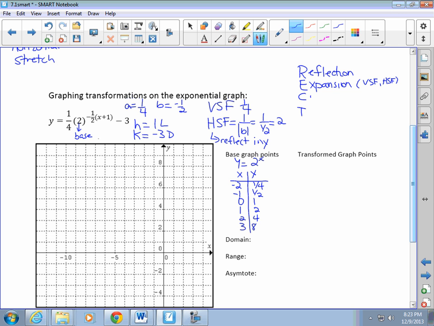Then you do your compressions, so you squeeze them if you need to. Actually, expansion would be horizontal and compression is your vertical. And then T is for translations. So remember, before we always said you have to do your A and B values before you can do your H and K values.